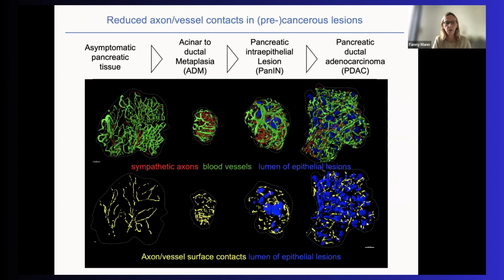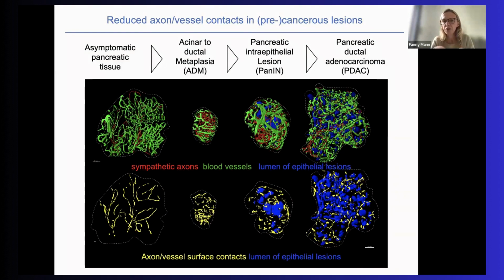Next, we asked how the sympathetic axons in these lesions might interact with other cell types in the microenvironment, and in particular with blood vessels, because we know that sympathetic neurons innervate blood vessels and play an important function in the maintenance of vascular physiology. So we stain and reconstruct the axons in red and the blood vessels in green.